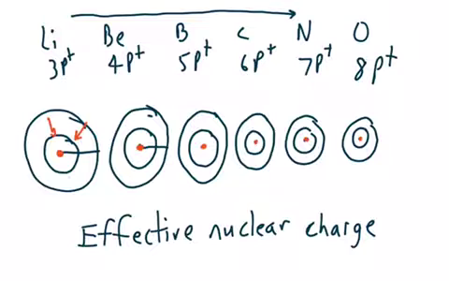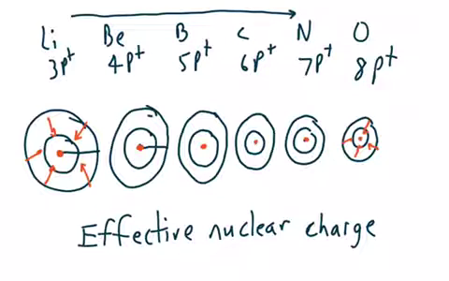So notice the electrons would get pulled inward more. If you look at oxygen all the way on the right here, oxygen has 8 protons compared to lithium, which only has 3 protons. 8 protons pulls much more effectively than 3.